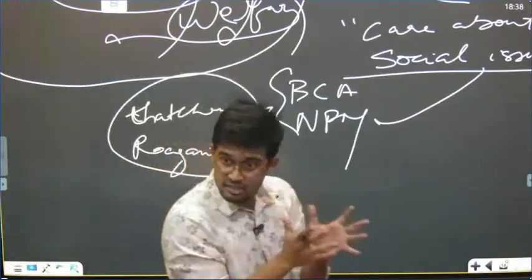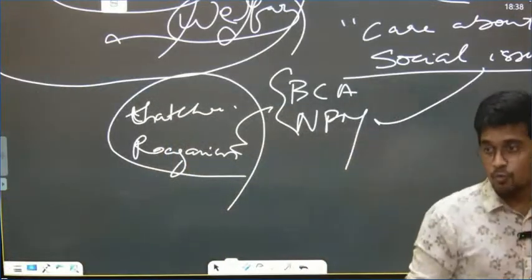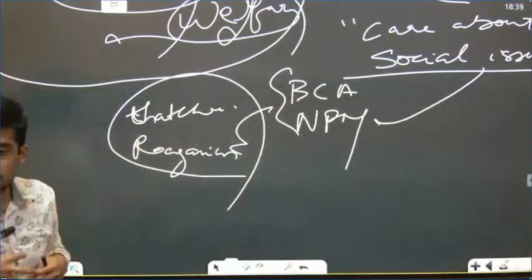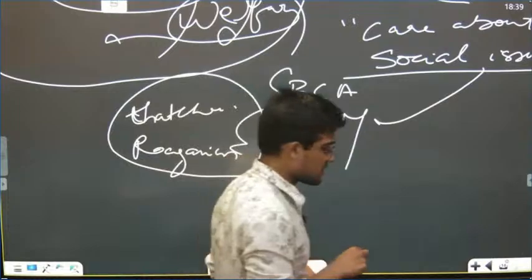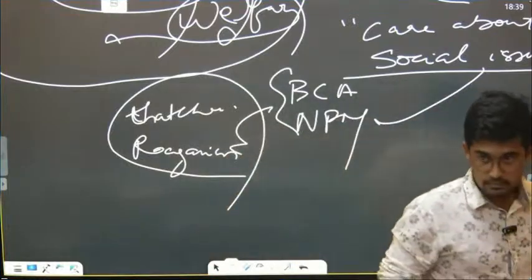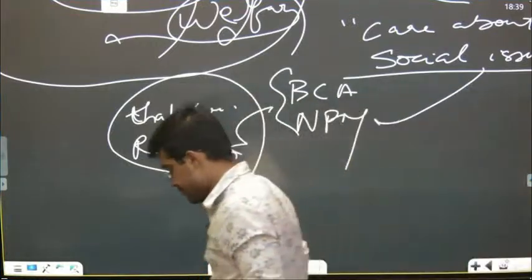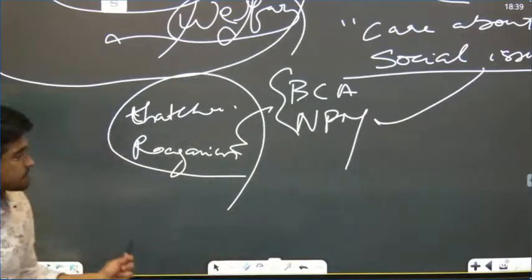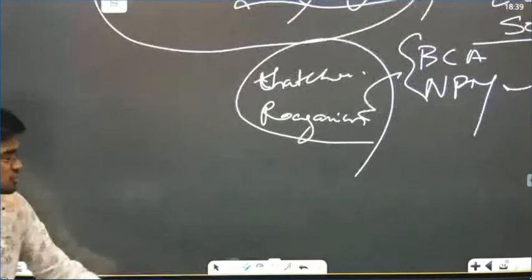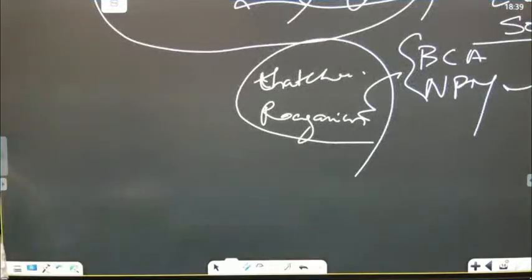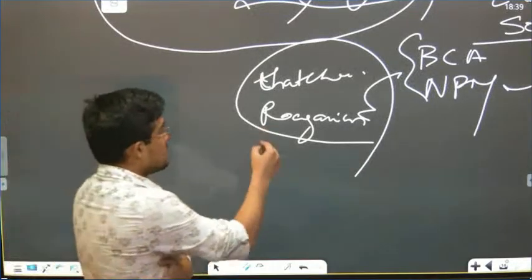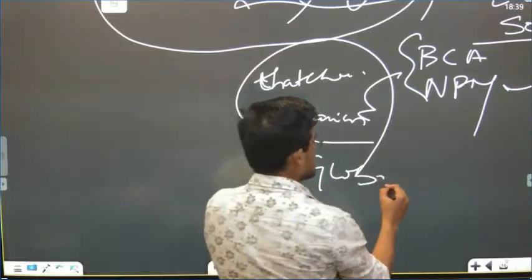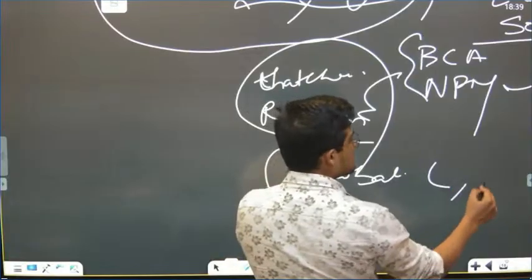How is the context changing? The welfare state was criticized because it was guzzling down a lot of public resources, but it was not able to provide goods and services for that. Then what is the next step that will happen? How is the context changing? Then the context will be globalization, liberalization, and privatization.